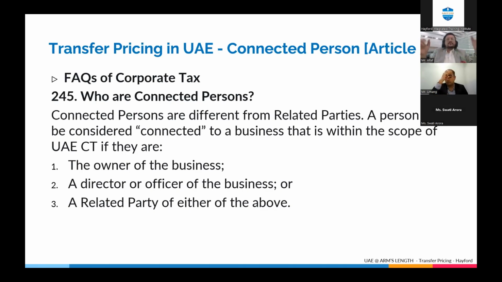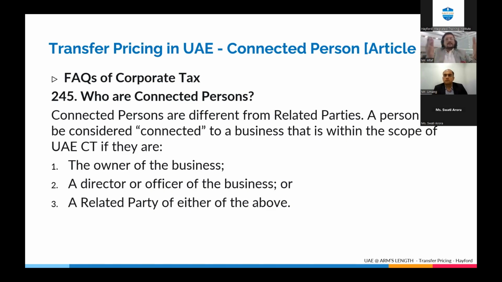So it's a very common question. So the answer is pretty simple. First, the obvious answer is that usually most of the time connected persons are individual human beings, whereas related parties can be natural persons as well as legal persons. That's the first thing for you to remember.